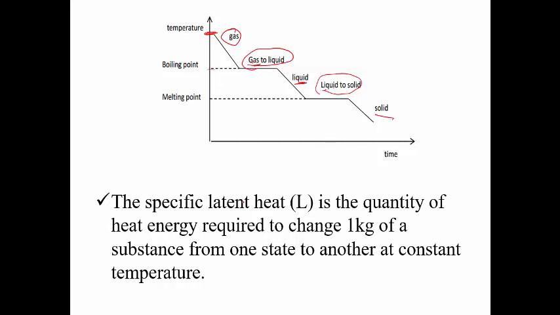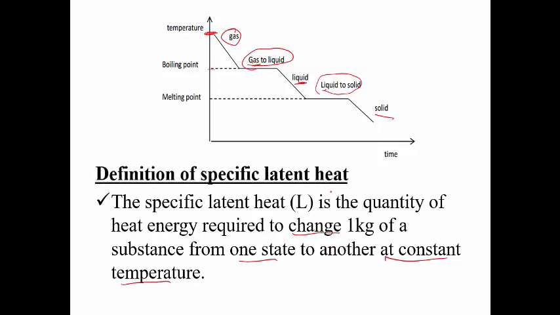The other thing is specific latent heat. Specific latent heat is the quantity of heat energy required to change 1 kilogram of a substance from one state to another state without what? Changing temperature. That means at constant temperature. Therefore, when a substance changes its state, there is no change in temperature.